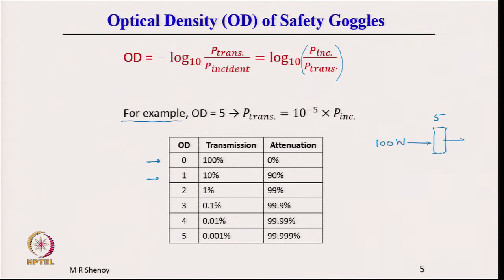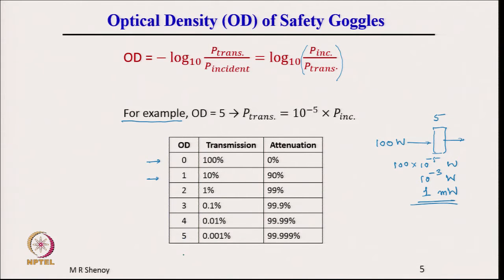Then the transmitted power will be 10 to the power of minus 5 times 100, that is 10 to the power of minus 3 watt, or 1 milliwatt.